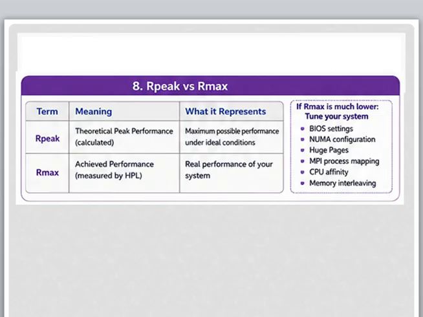If it is much lower, if you see a huge difference between these results, you may need to tune your system: BIOS settings, NUMA configuration, MPI, memory and everything. So basically, R peak is the theoretical peak performance, and R max is the achieved performance measured by HPL. It's the real performance of your system.